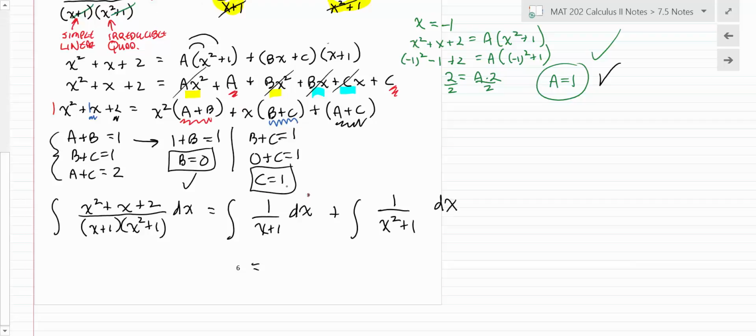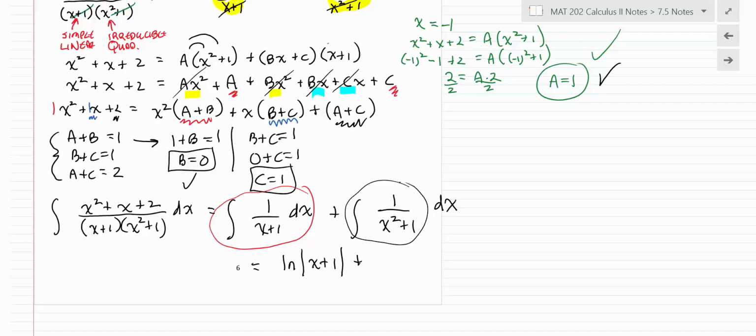All right, can you tell me what the value of that integral is? ln x plus 1. Be sure you have that in absolute value. So we have ln of x plus 1, like that. Okay, how about this next one? We know it. In theory, you've learned it before. What is it?